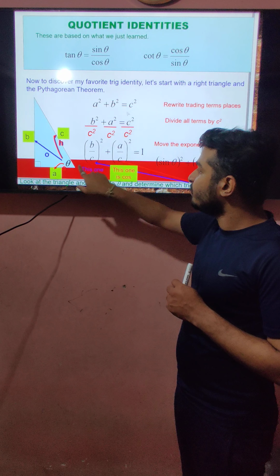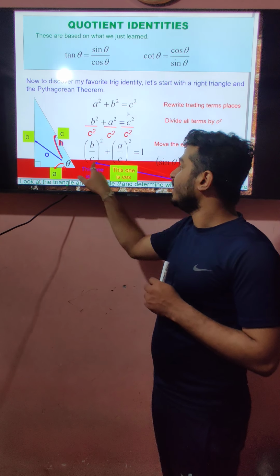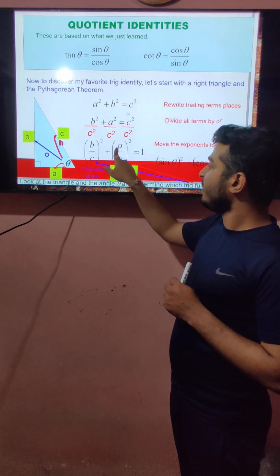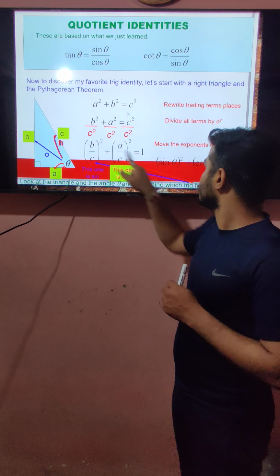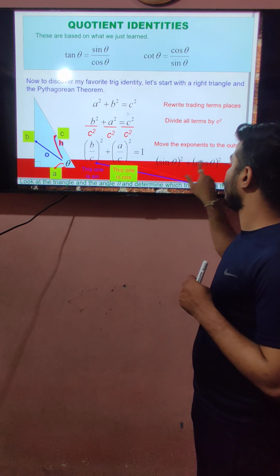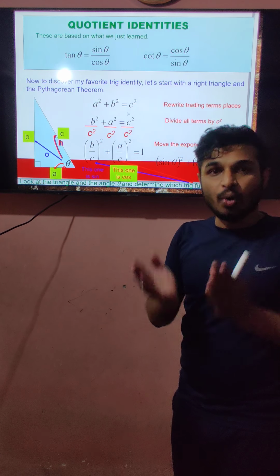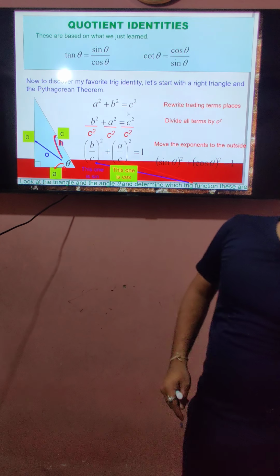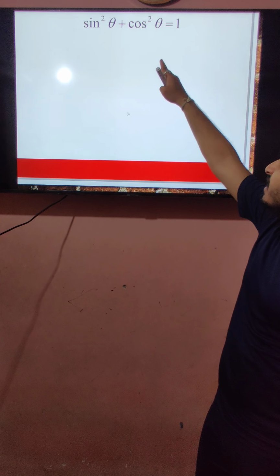For theta, b divided by c becomes sin theta whole square. And a divided by c is adjacent by hypotenuse, so it becomes cos theta whole square. Sin theta whole square plus cos theta whole square becomes 1. This is one identity: sin square theta plus cos square theta is equal to 1.